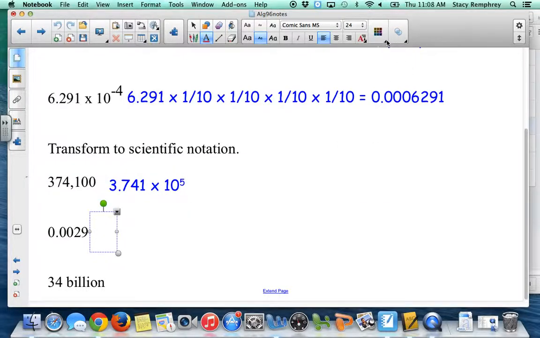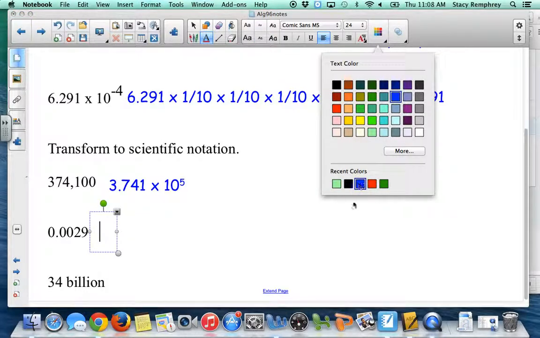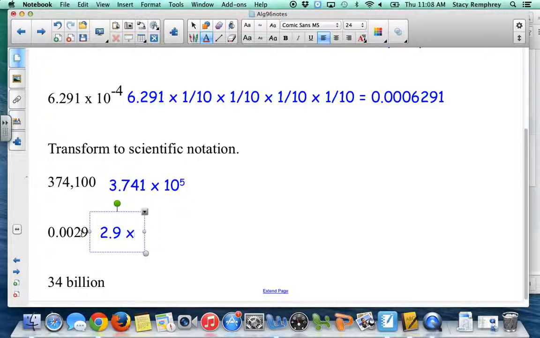In this one, is it really big or really small? It's really small. So I'm going to move the decimal place until I have a number that is between 1 and 10. It could be 1. I get 2.9 times 10. Now, this was a really small number, so I'm going to have a negative exponent, and I moved it 1, 2, 3 places, so it's times 10 to the negative 3rd.